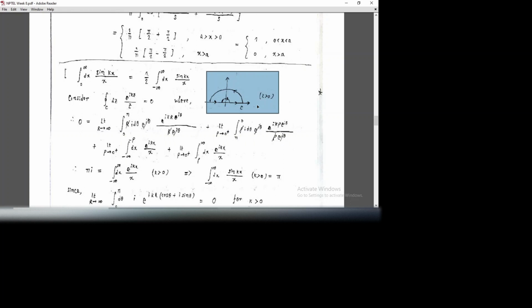When k is greater than 0 in this integration, we can choose this contour, and when k is less than 0, we actually need to choose this contour. So depending on values of k, we have to choose the contours accordingly.